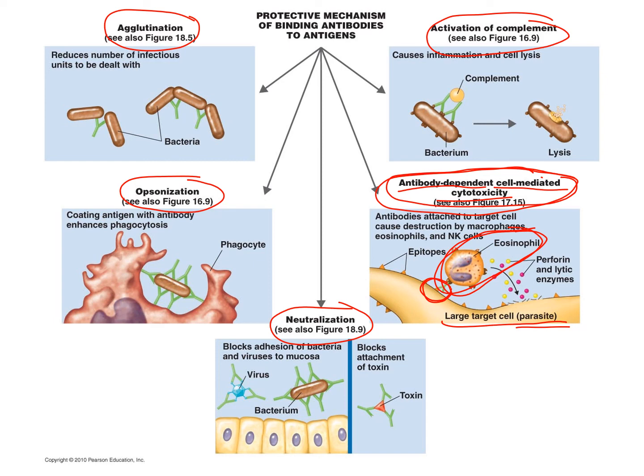And notice that all the antibody is actually doing is just binding to the antigen. Antibodies are not enzymes. They do not catalyze a reaction. All they do is bind to the microbe. They bind to the target. That's all they do, and then that will cause different types of results.